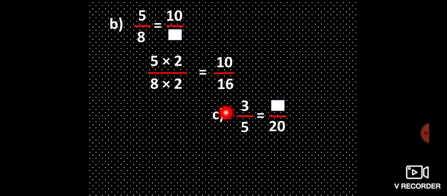Then C question, 3 by 5 equal to box by 20. Here the denominator 5 becomes 20. How? 5 into 4. So we take 3 into 4, like this, 3 into 4 by 5 into 4, 12 by 20.